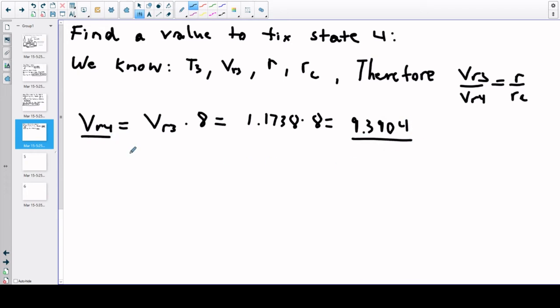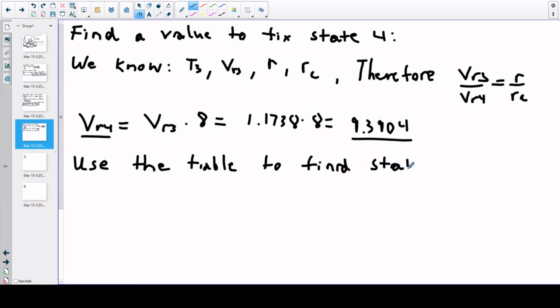You shouldn't have VR4, the bigger volume, being smaller than VR3, the smaller volume. It doesn't make sense that way. I guess that's how I think about it, and that's how I keep catching myself, because I can't remember an equation to save my life. So if you can't remember the equation, just know the relationships.